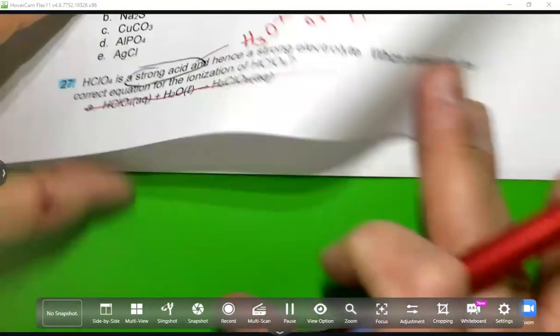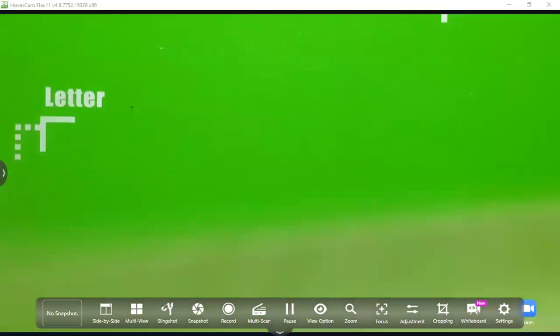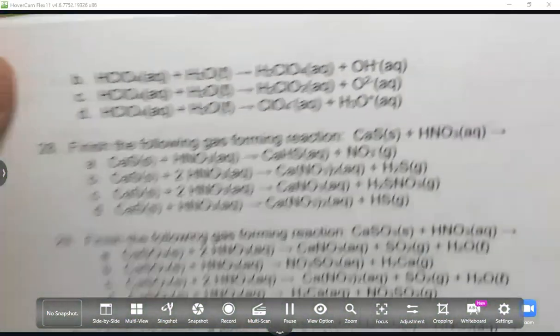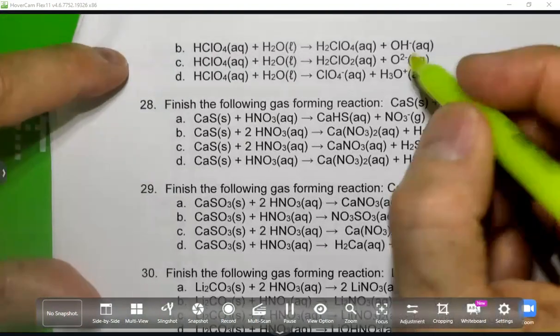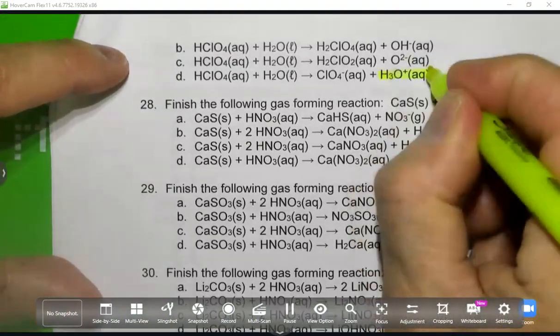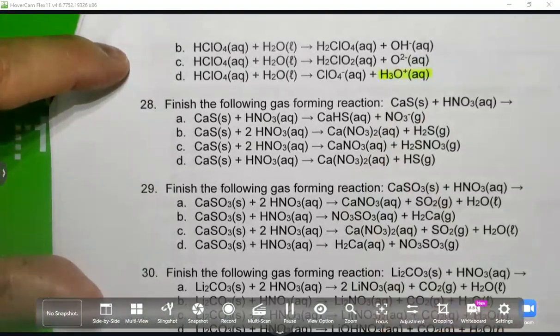Let's go to the next page. There is only one equation that has H3O plus, and that's this one. So this is correct.